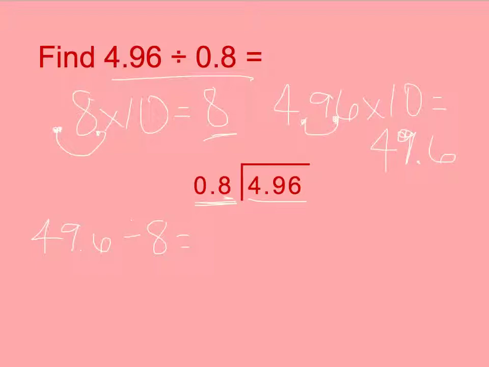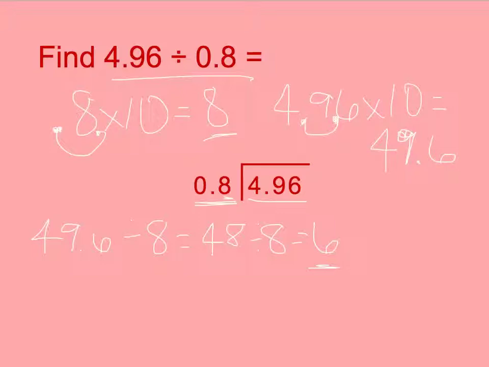As close as we could get is 48, because that is a multiple of 8, and I know that when I divide it by 8, it's going to come out evenly, to 6. So an estimate for this problem, before we even get started figuring it out, is going to be 6. If our answer is close to 6, we are on the right track.